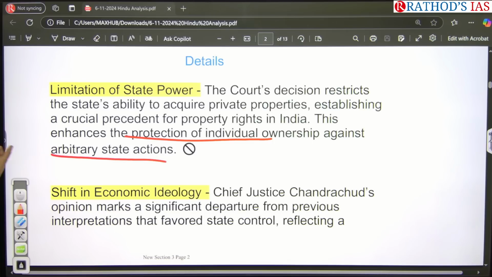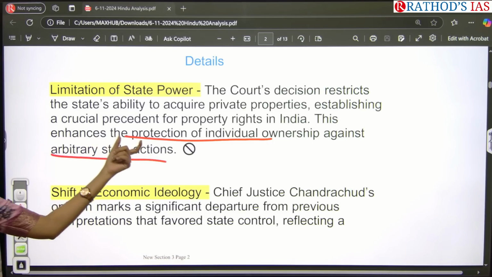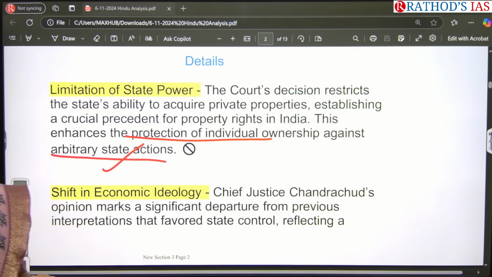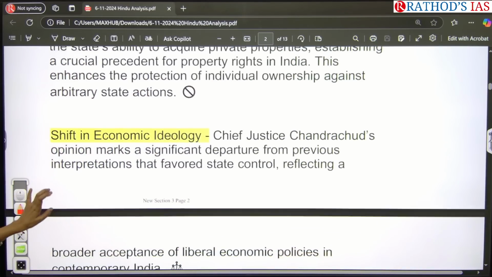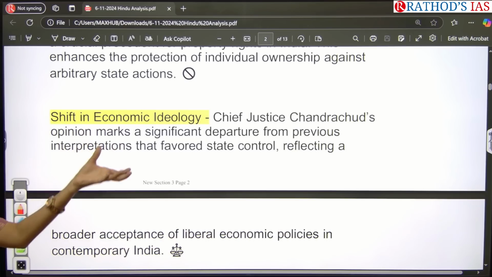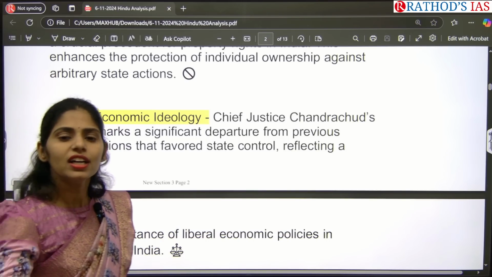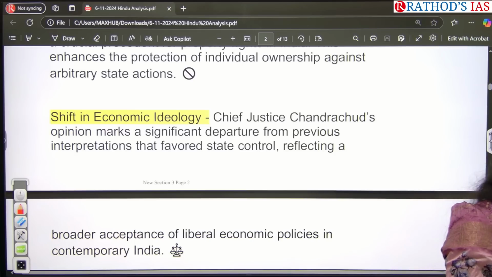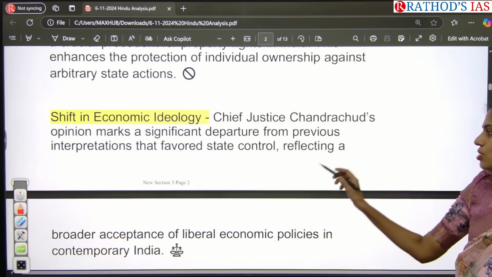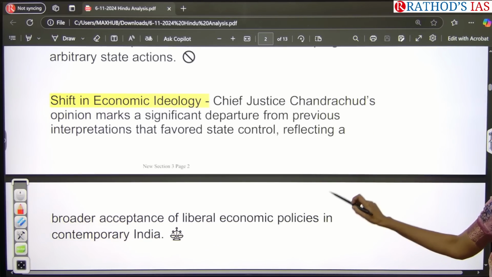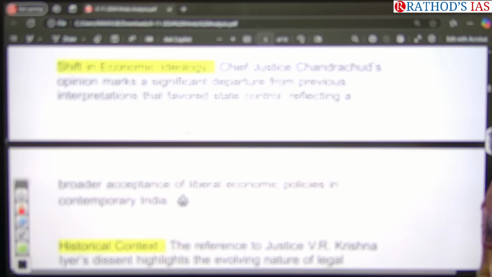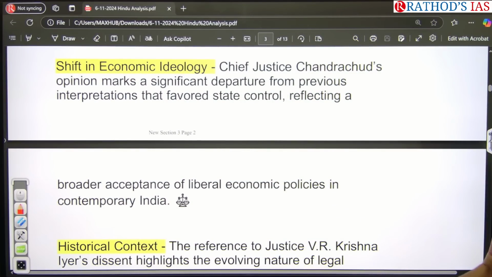So here, the Supreme Court or judiciary wants to protect individual ownership against arbitrary state actions. And next, why was this judgment given? Because of the shift of economic ideology in India. Earlier, before the 1991 reforms, we had a socialist economy, but now we have a capitalist one. So they especially want to focus on acceptance of liberal economic policies in contemporary India.